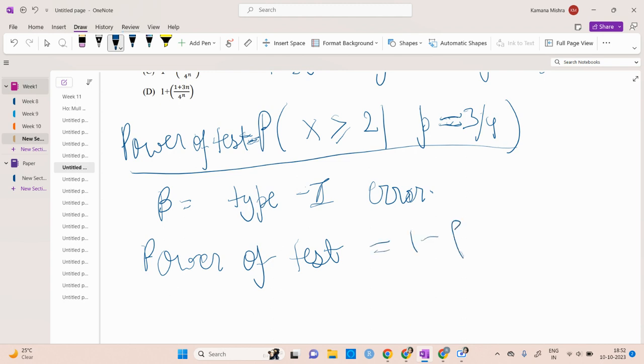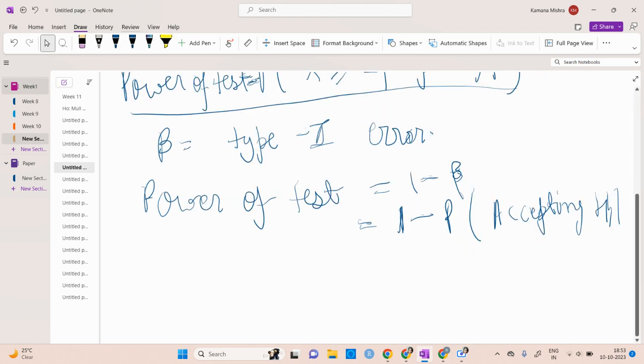1 minus beta, right? Beta is what? Type 2 error. Type 2 error is what? Probability of accepting H1 when H0 is true.